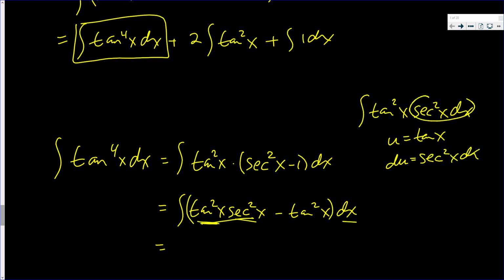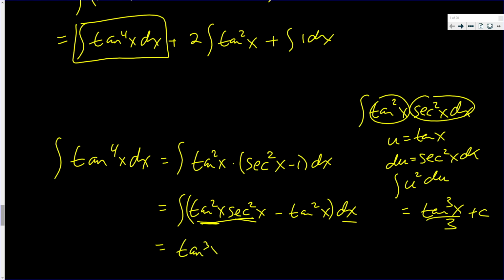That's du, and this is u squared. We have u squared du. This is u cubed over 3 plus c. This here is tangent cubed x over 3, minus the integral of tan squared x.